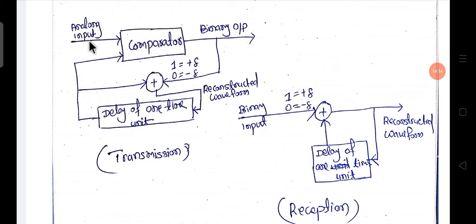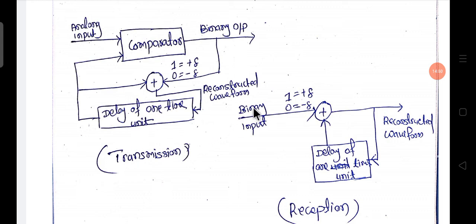It is always compared with the staircase function, and after comparing, we add plus one delta level or minus one delta level, with a delay, and again the staircase is compared with the analog signal. That way we get our binary output. This is the transmission side.